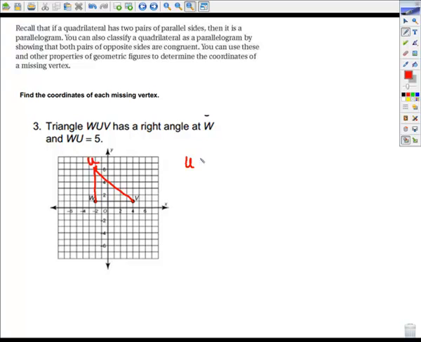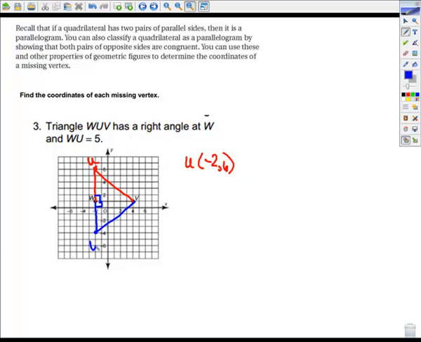So the coordinates of U could be -2, 6, or I could count down 1, 2, 3, 4, 5. And again, I made right angles in both spots.